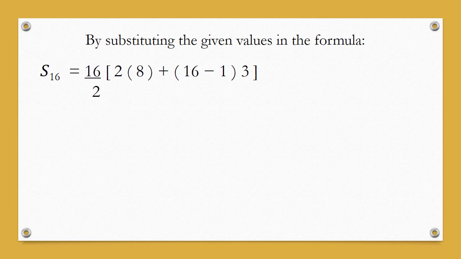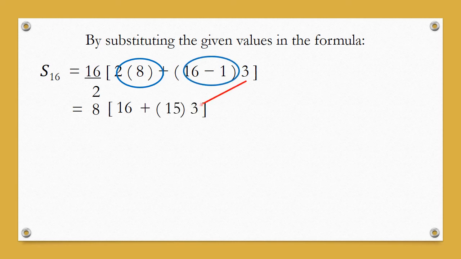Okay, dividing 16 divided by 2 will give you 8. 2 times 8 equals 16, and 16 minus 1 equals 15. Bring down 3. Then multiply first 15 times 3, we have 45. Then copy the remaining.